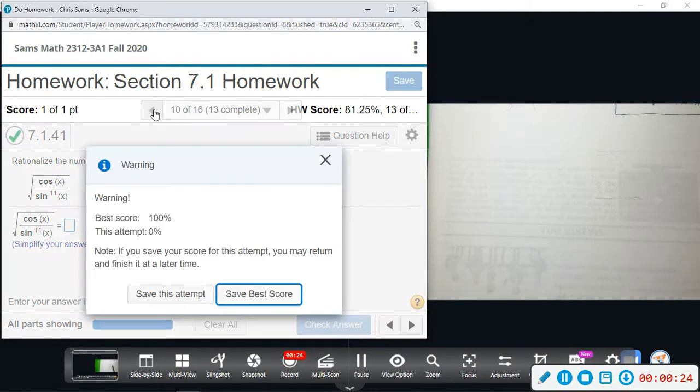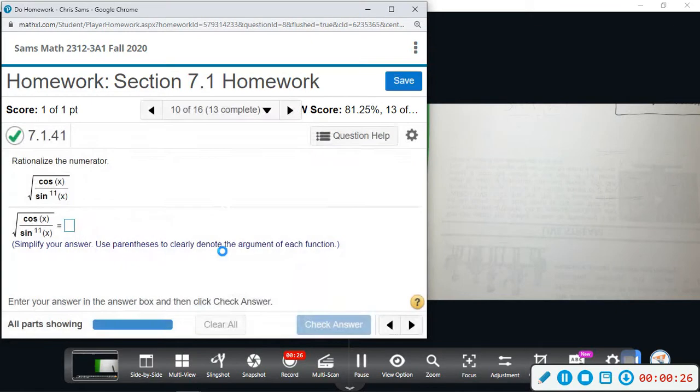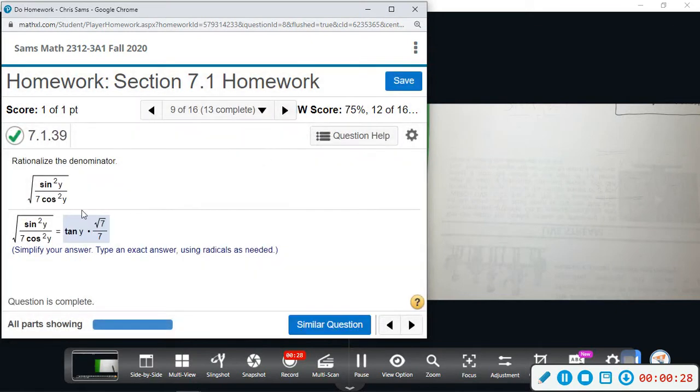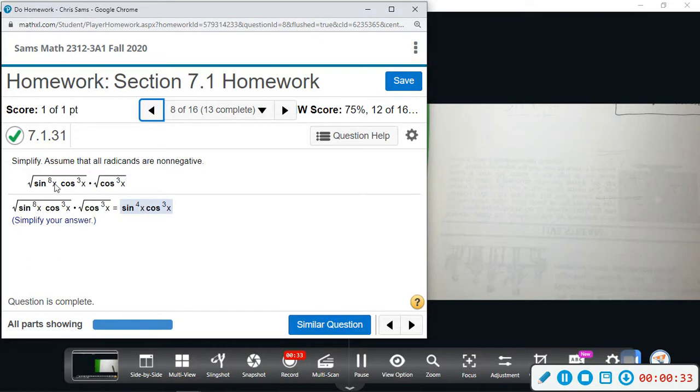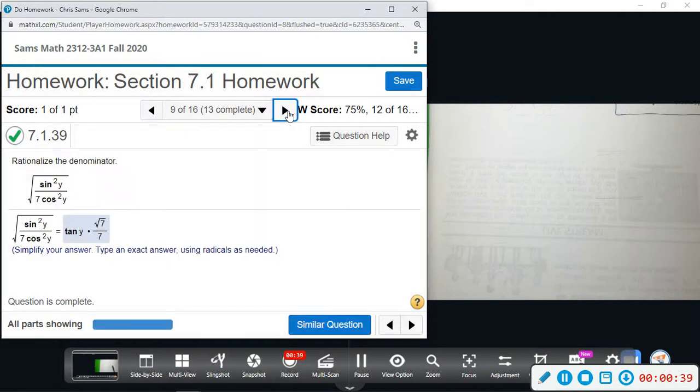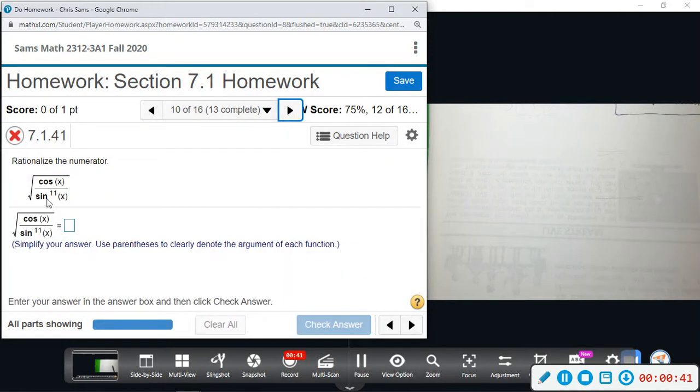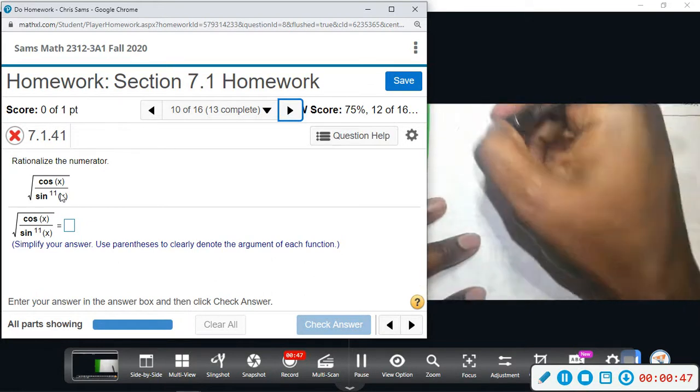If I go back to a couple of previous problems, I'm going to save this attempt because I did similar. Notice that the variable is not in parentheses here nor here, and it shouldn't make a big difference because it's going to compute the same, but as far as notation is concerned, you have to have that when you put your final answer in. So do note little subtle differences like that.